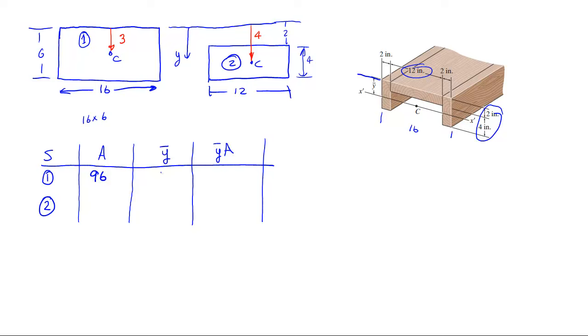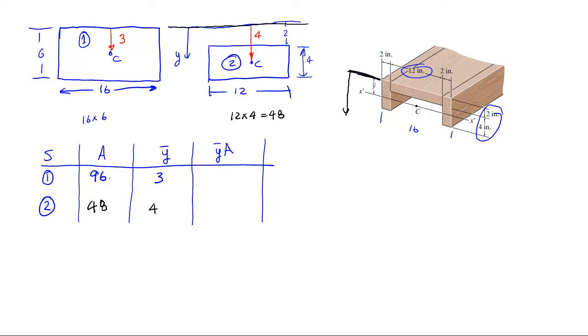The Y bar is straight up, it's 3. And the only reason that it's done this particular way is he's shown over here, it looks like the Y bar is measured down from the top right here. So you can go ahead and put in here the Y bar of 4. Now the area here is a 12 by 4, or 48.